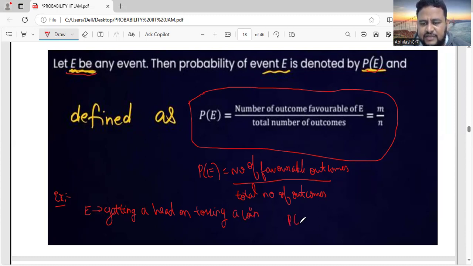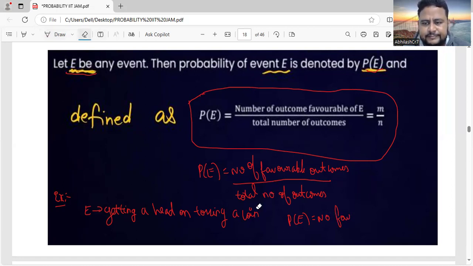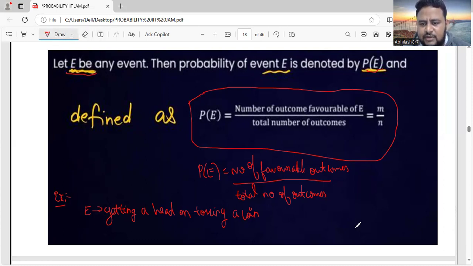So the probability of the event is given by the number of favorable outcomes over the total. First, I should tell you what the favorable outcome is here. Here the favorable outcome is nothing but getting a head.